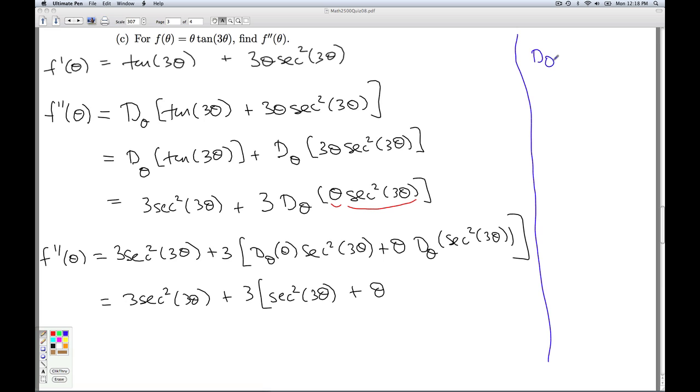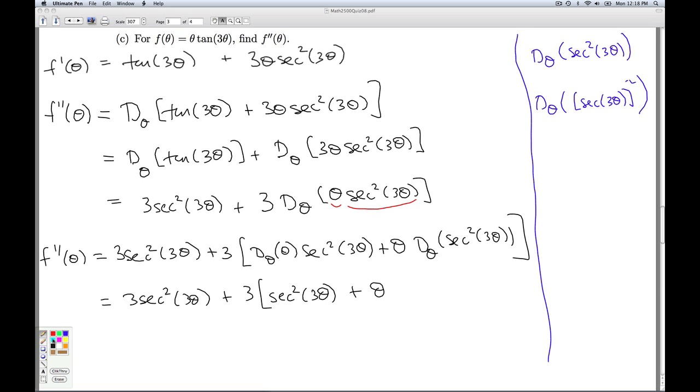Looking at the derivative with respect to theta of secant squared 3 theta. Well, I'm going to rewrite that power as I'm used to doing. It's secant of 3 theta, squared. That tells me the first rule I have to apply is the power rule.